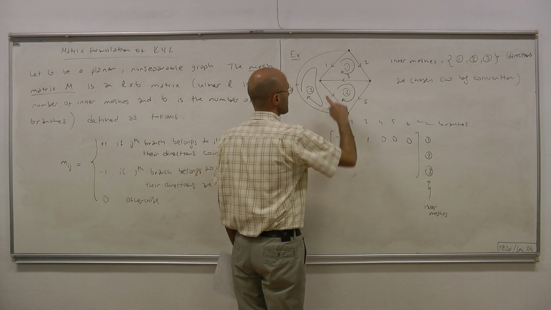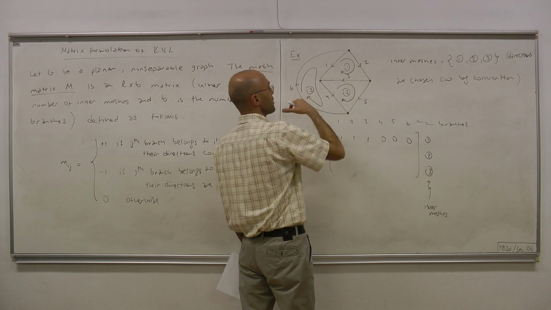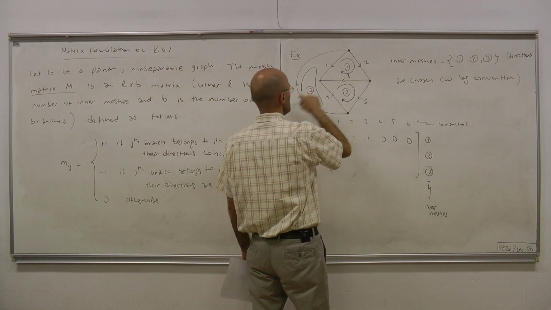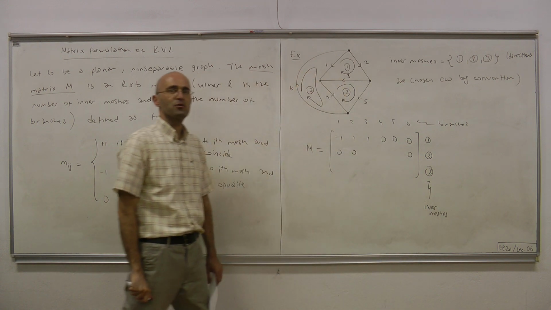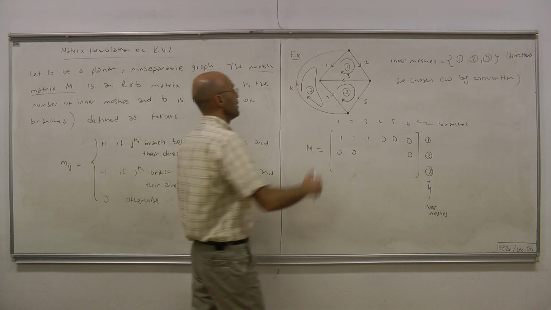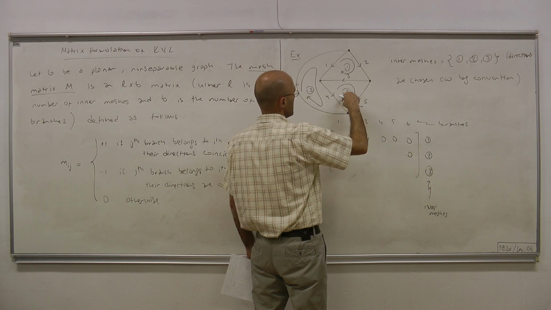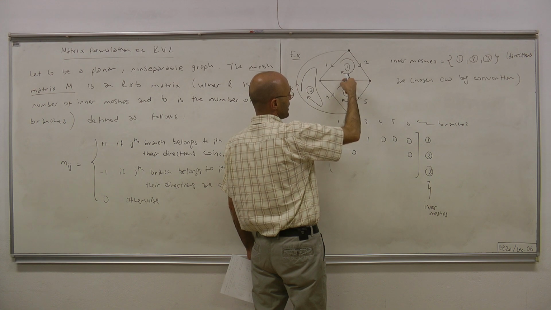For the second mesh, we have 3, 4, 5. That means branches 1, 2, and 6 do not touch the second mesh, so the corresponding entries must be 0. Now, 3, 4, 5 touch mesh 2, and the direction of mesh 2 opposes branch 3.